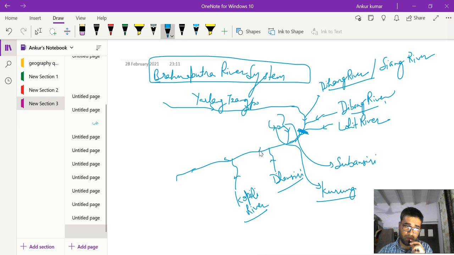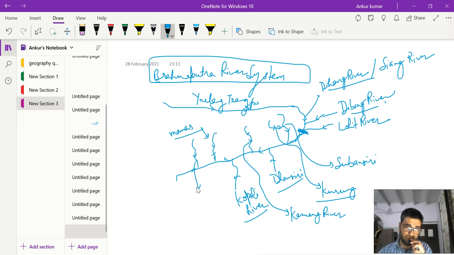Then you have the Kameng River here, this is Kameng. Then you have the Manas River here, this is Manas. After Manas you have the Sankosh River here.